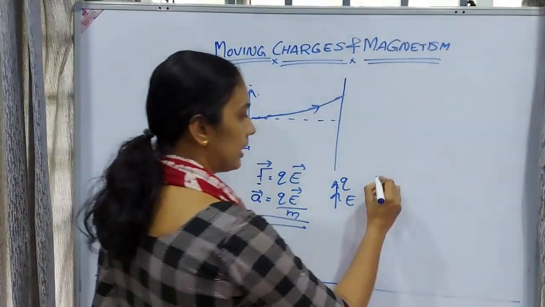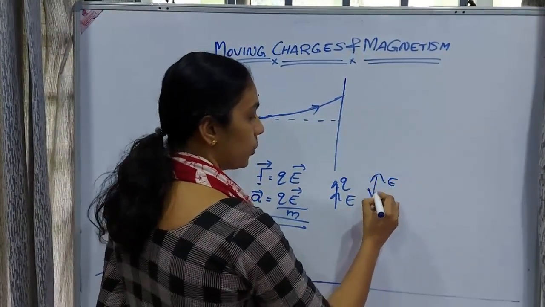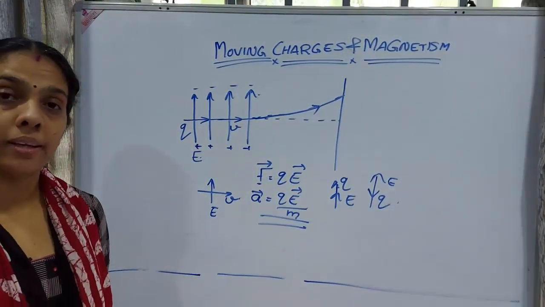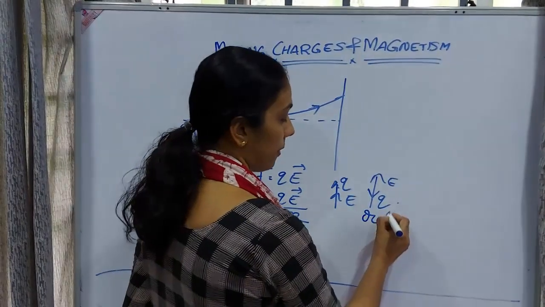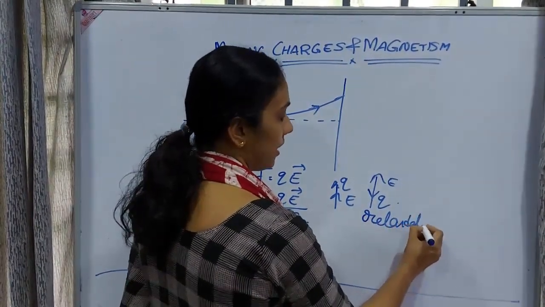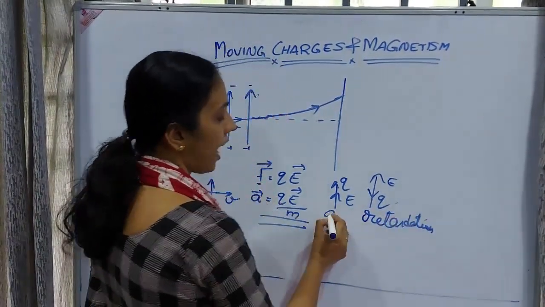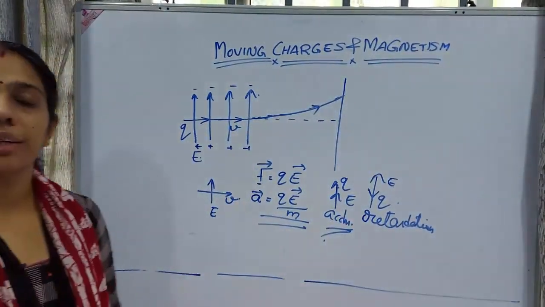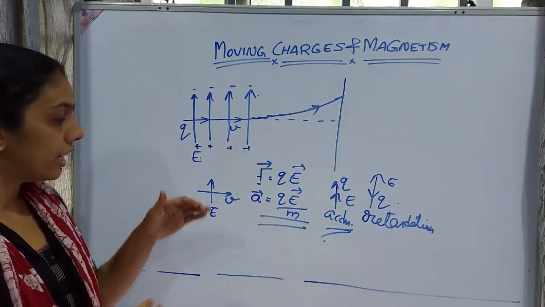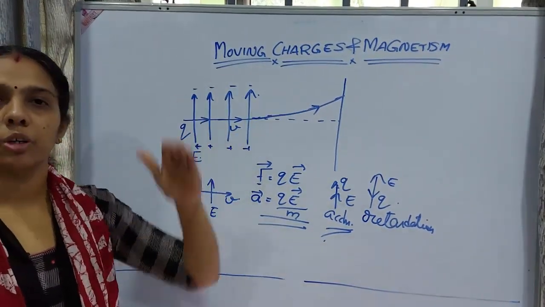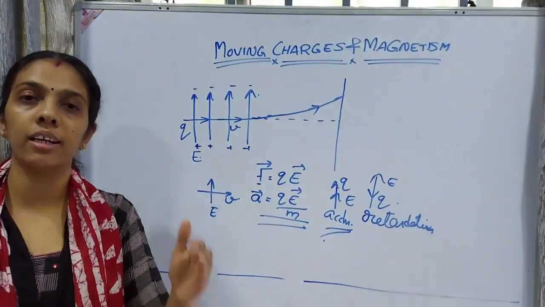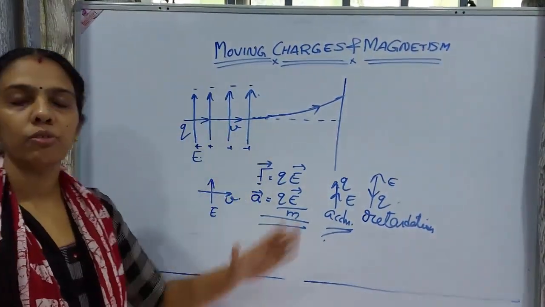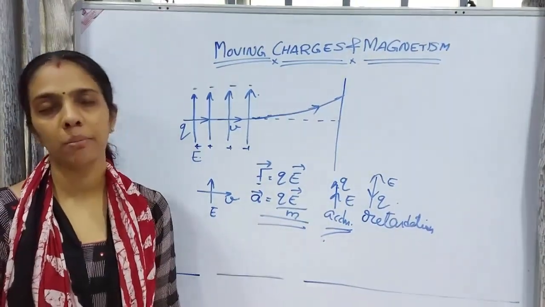If E is in this direction and Q is traveling in the opposite direction, then retardation will happen. Here it will be acceleration. If both are perpendicular to each other, then it will move in a parabolic path. So a charged particle moving in a uniform electric field will follow a parabolic path.